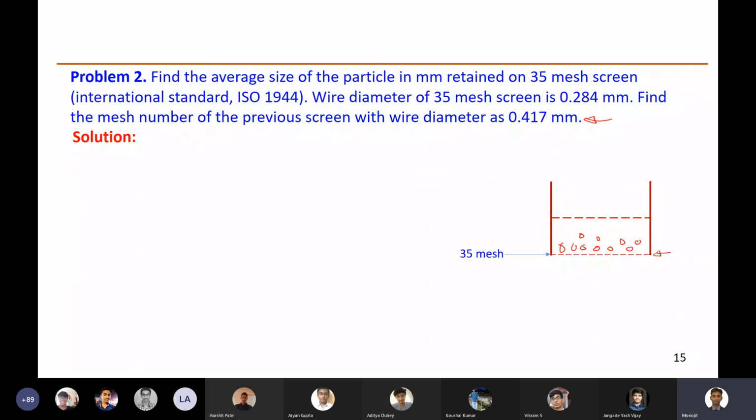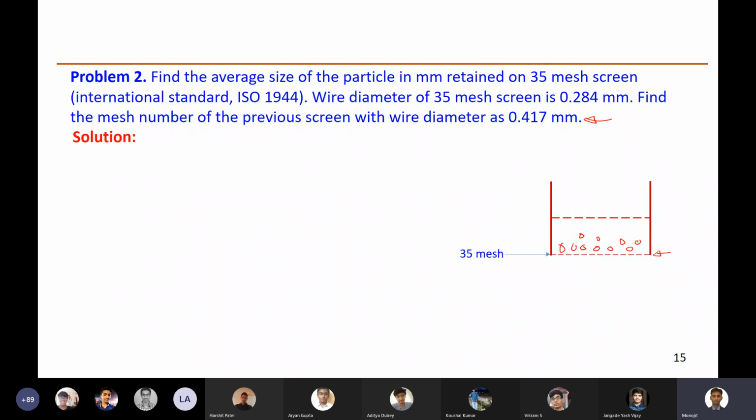So first you find out the aperture of the 35 mesh screen. Then, because it's an international standard screen and nothing is mentioned about an intermediate screen, the aperture of the previous screen would be √2 times that of the present screen. So the 35 mesh screen aperture multiplied by √2 gives the aperture of the previous screen, right?